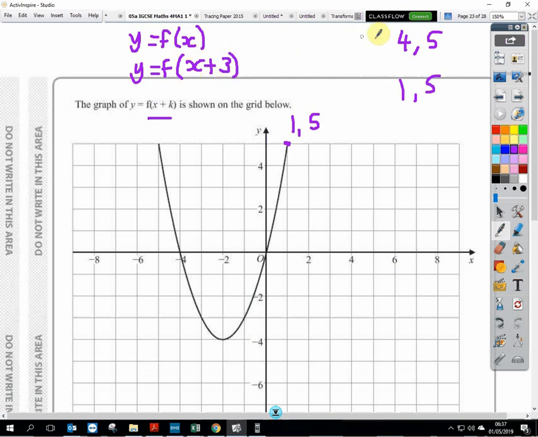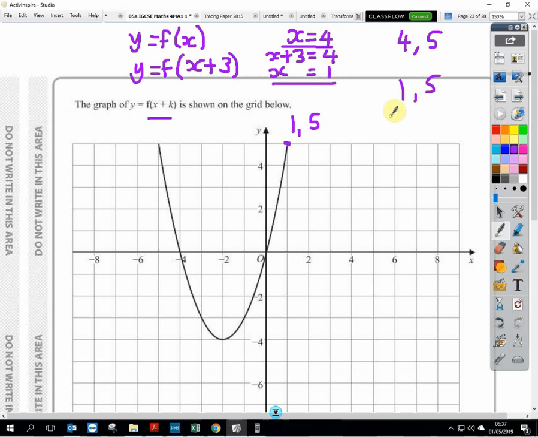Well, originally, your x coordinate is equal to 4. Under your transformation, you change the x to x plus 3, so you end up with x plus 3 is equal to 4. Then, when you rearrange it to work out your x, if you take 3 from both sides, you end up with 1. So it starts off at 4, but it ends up at 1.